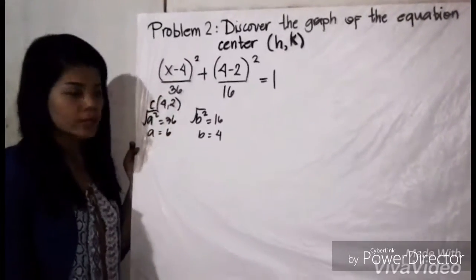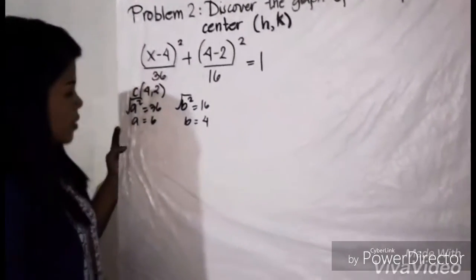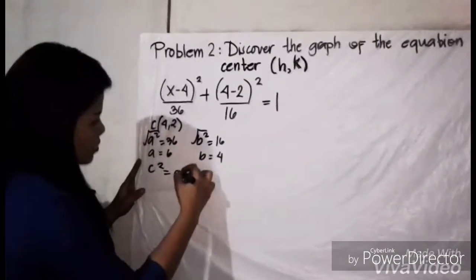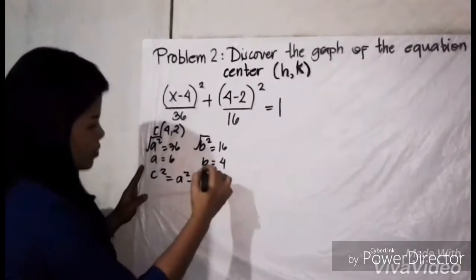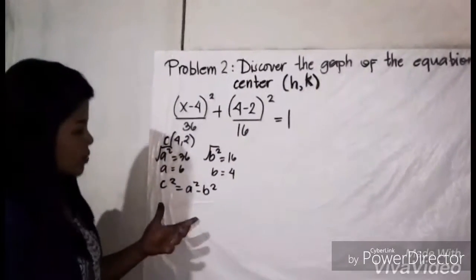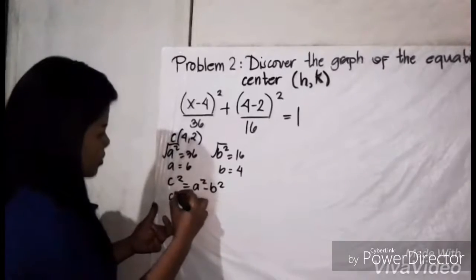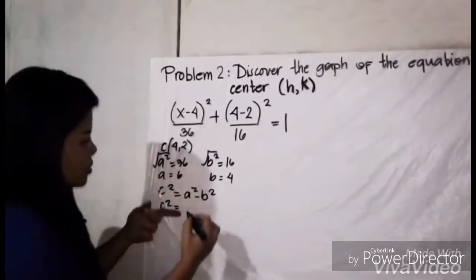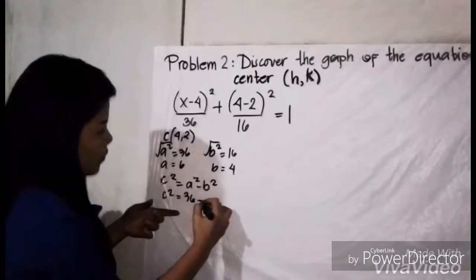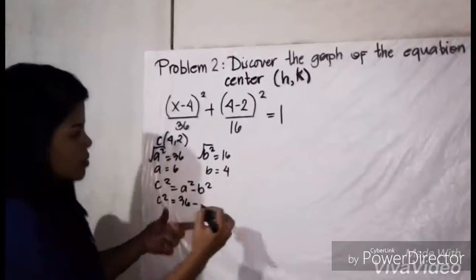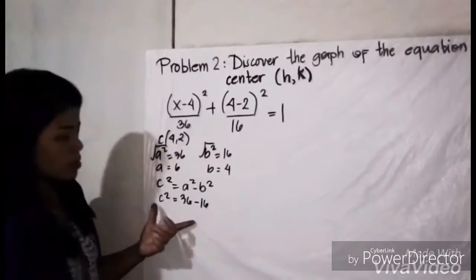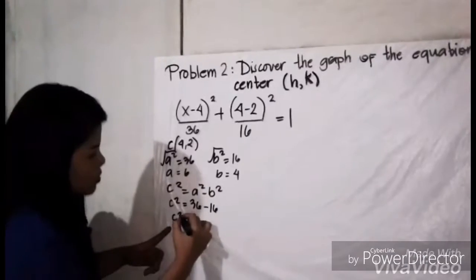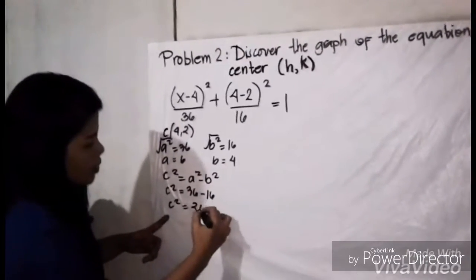To find our c, we use the Pythagorean theorem, with the formula c squared equals a squared minus b squared. Substituting, c squared equals 36 minus 16, so c squared equals 20.